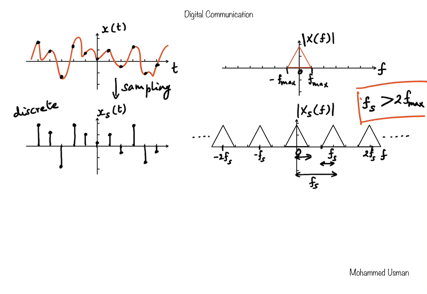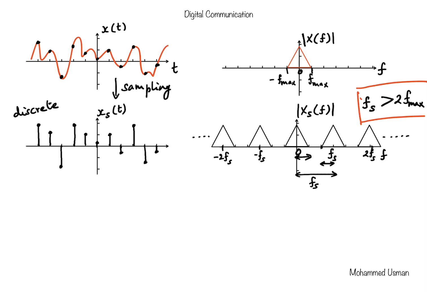Now, if the sampling rate was exactly equal to the Nyquist rate, that is fs exactly equal to 2f max, then you will see that these spectral replicas would be touching each other. There won't be any space between these replicas. I'm just going to quickly draw it by hand.